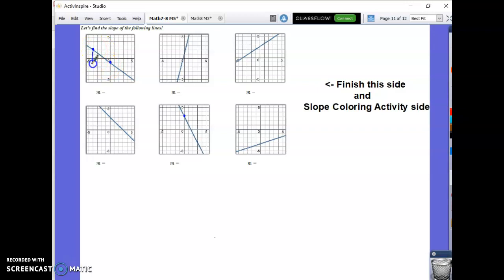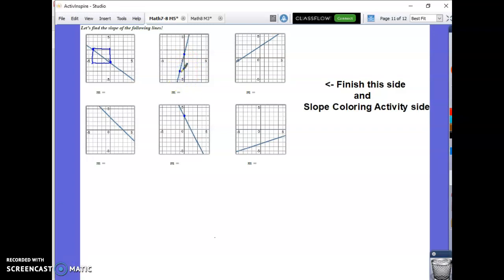How far do you go down and to the right, or how far do you go up and to the left? Either way, you should get the same exact answer. Over here, this one, I think there's a good point right over here, and then another good point, I think, right over here.